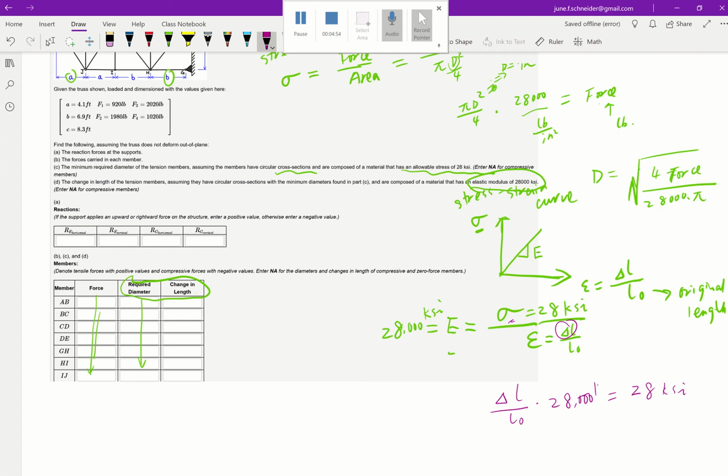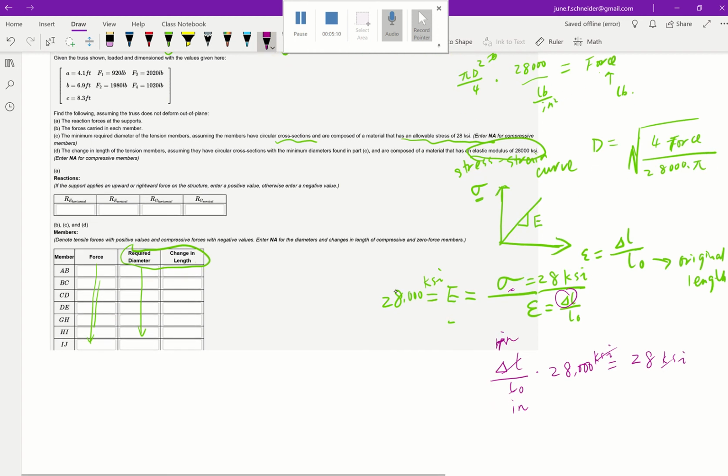They both have ksi, so those cancel out. The changing length is in meters or inches, here likely inches, and the original length is in inches, so that cancels out. So we'll get our delta L in inches, and that will equal 28 ksi times the original length divided by 28,000.